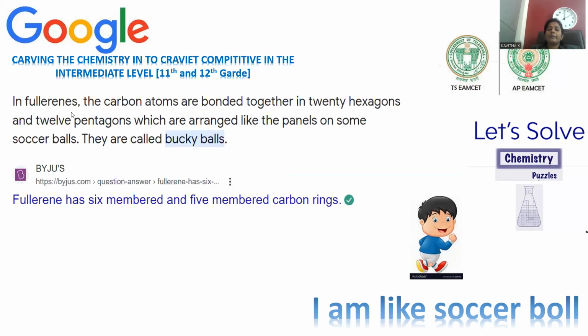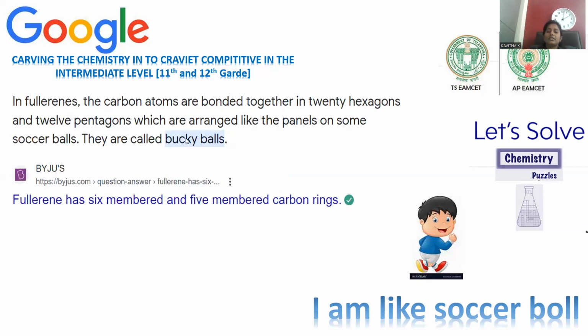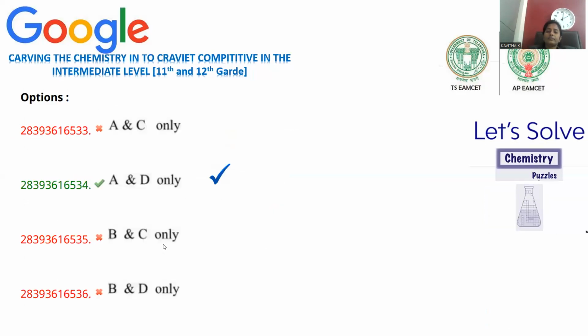If you count them, fullerene contains 20 hexagons, that is 20 6-membered rings, and 12 pentagons, that is 12 5-membered rings. It is also called a buckyball because it looks like a ball, a soccer ball type of material. So this is the correct one mentioned in option A: 20 hexagons and 12 pentagons.